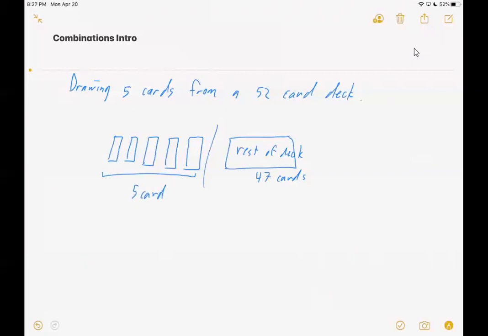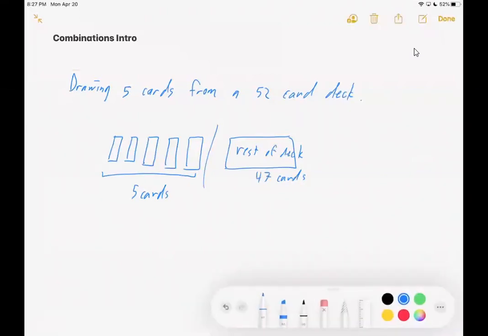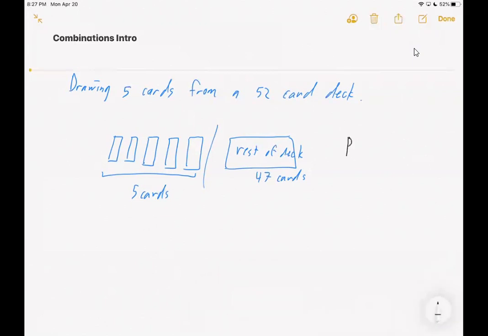So in the previous example, we had come up with a formula for this where the permutations of 52 objects, taken 5 at a time, was 52 factorial over 47 factorial, which would be 52 minus 5 factorial, right?